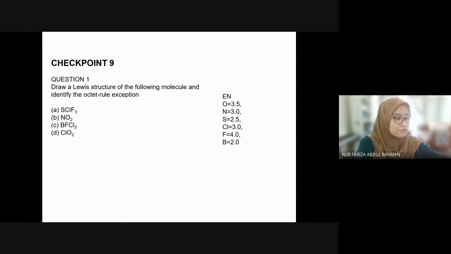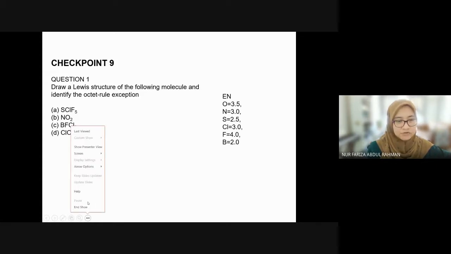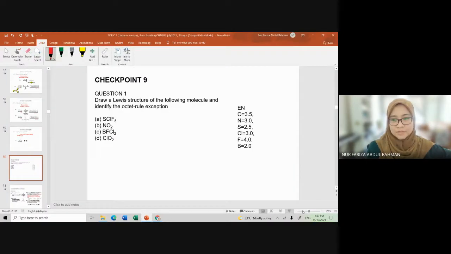B dengan C tu you boleh buat sendirilah later. Okay, I give you 3 minutes for you to complete these 2 checkpoints. We will discuss it at 4 p.m.